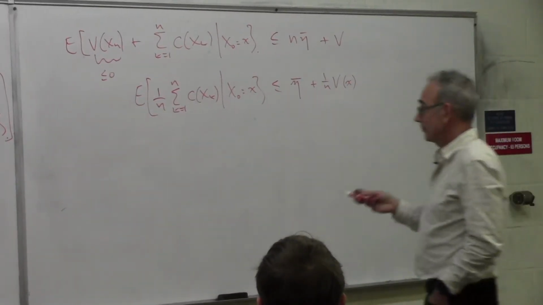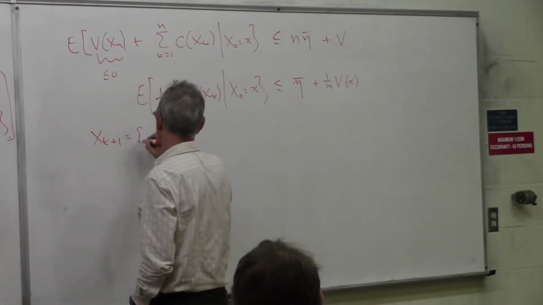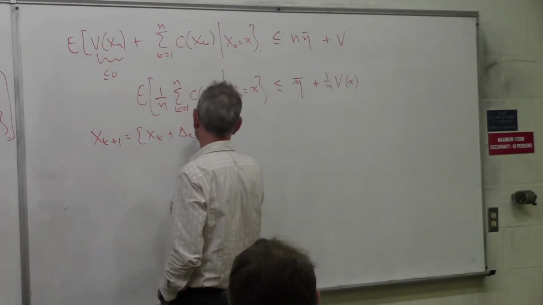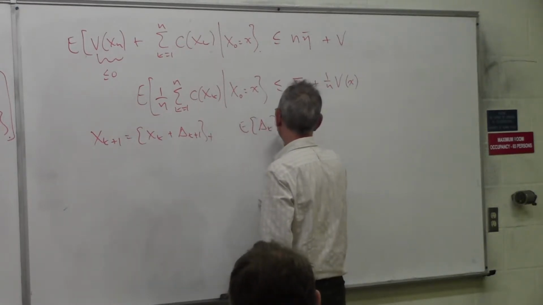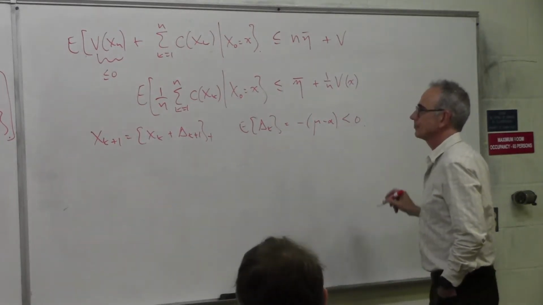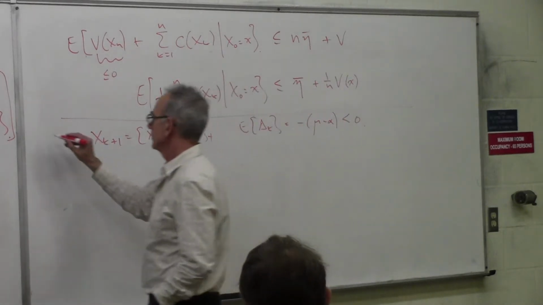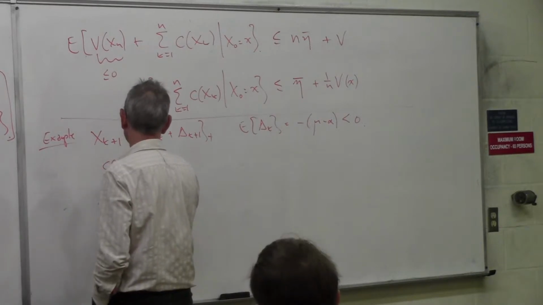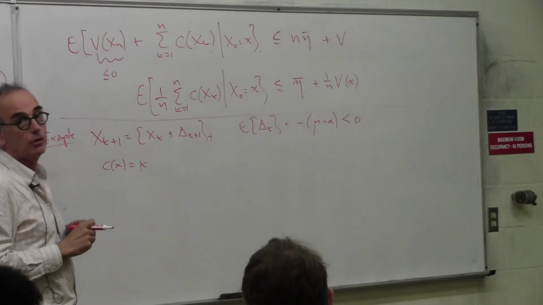But look at the queue. Somebody give me V. This is a typical obsession in queuing theory.